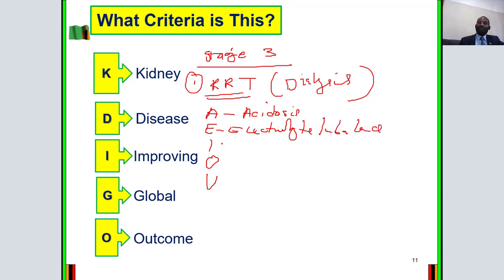Talk about ingestion, that is intoxication. Talk about fluid overload. Talk about uremia. Just remember this song, remember your teacher, and those are the indications. And you get good marks there. All right. Let's proceed to the next criterion.